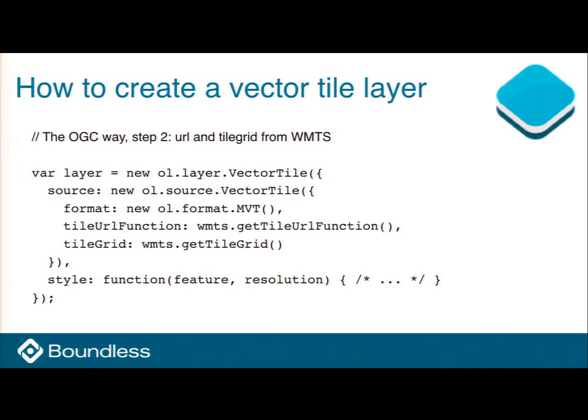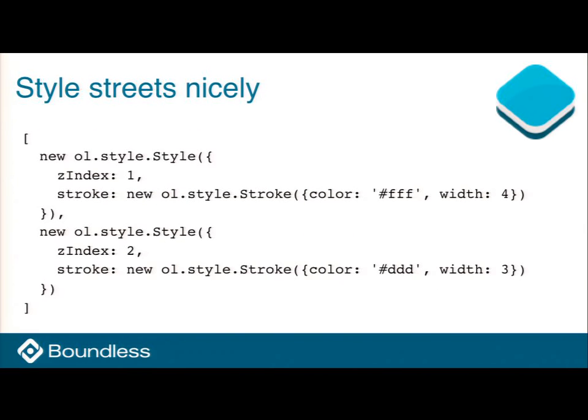This is where we go into styling. And as already mentioned, styling in OpenLayers works by providing a function that takes a feature and the resolution as arguments. And with that, you can do attribute-based and resolution-based styling like you could do with SLD on the server side. For the road casing that we already saw in a previous slide, you would create two styles, two symbolizers that get rendered on top of each other.